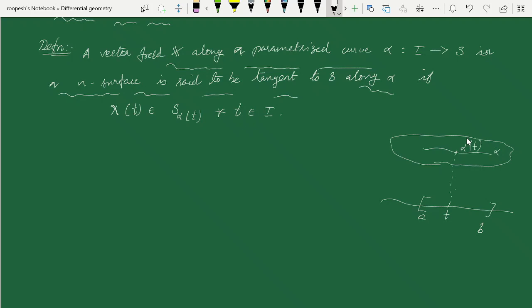Now you consider the tangent space at this point alpha of t. If your given vector field belongs to this tangent space at alpha of t, then we will say that this given vector field is tangent to the n surface along the curve alpha.